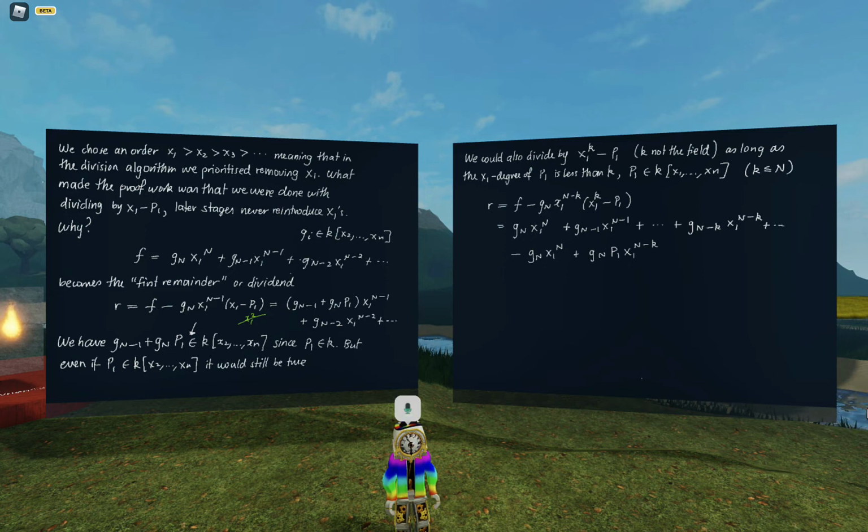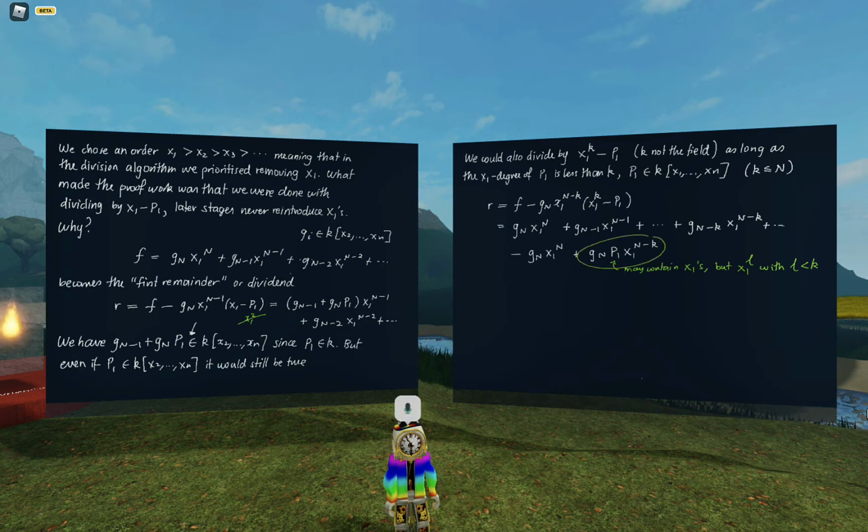Okay, now I need to pay a bit more attention to this term, which came from this product here, because P1 may contain x1s now. But it only contains powers of x1 with L strictly less than k.